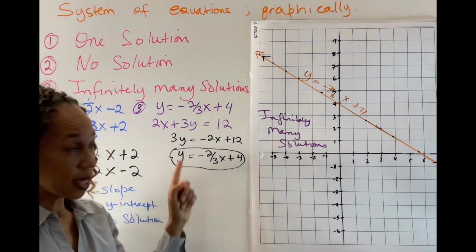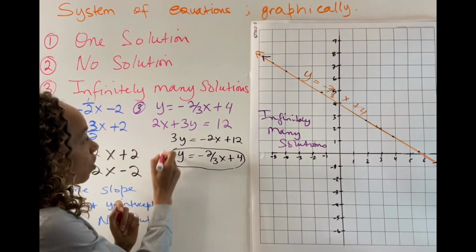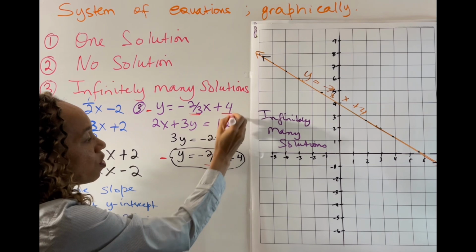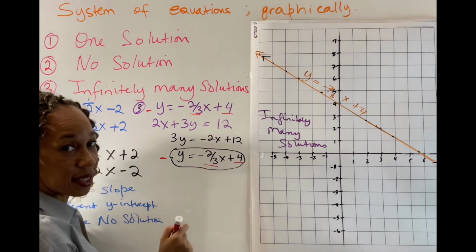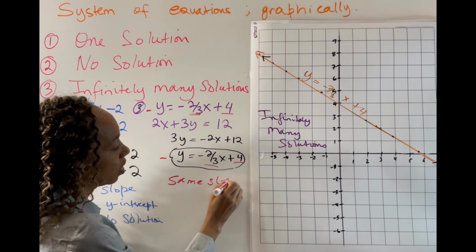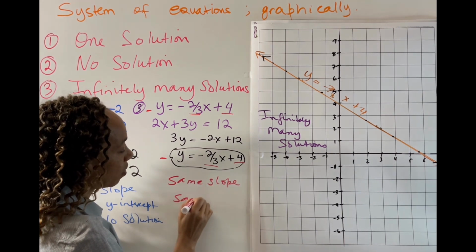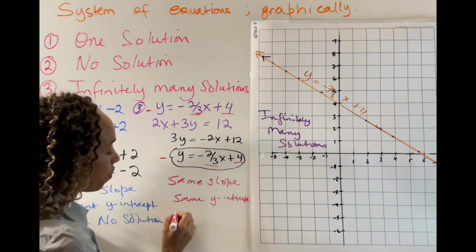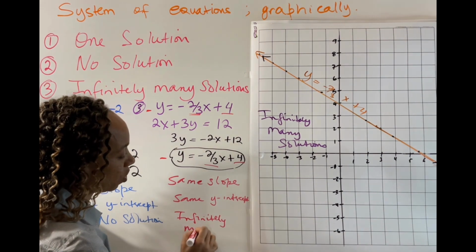So you will notice here, looking at both equations, the slopes are the same and the b, or what we call the y-intercept, are the same. So when you have the same slope and same y-intercept, then you will end up with infinitely many solutions.